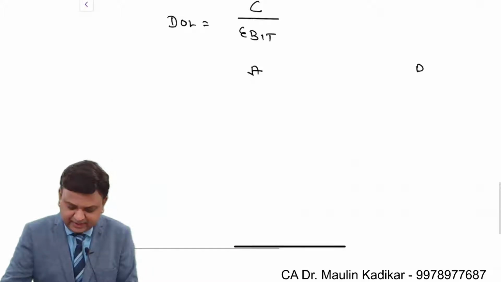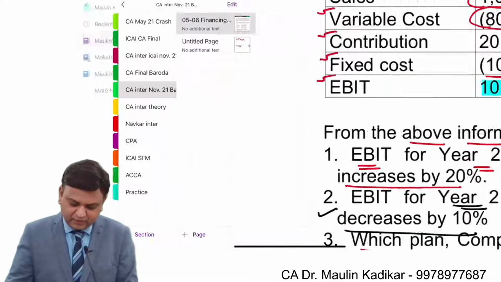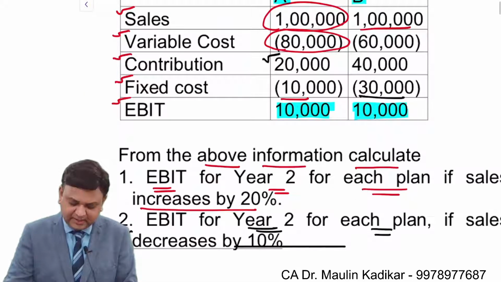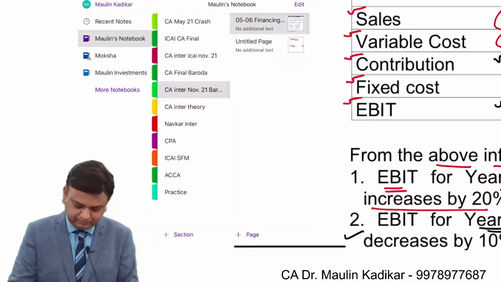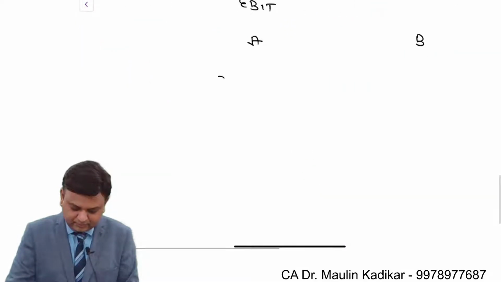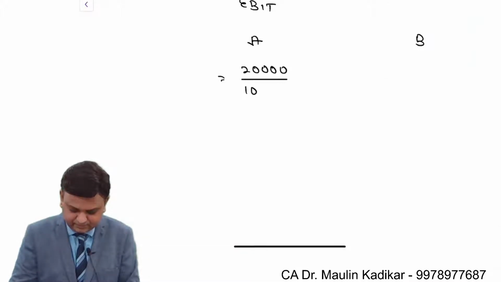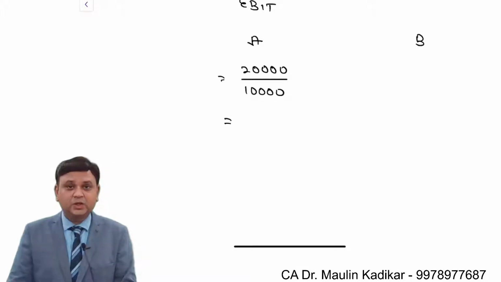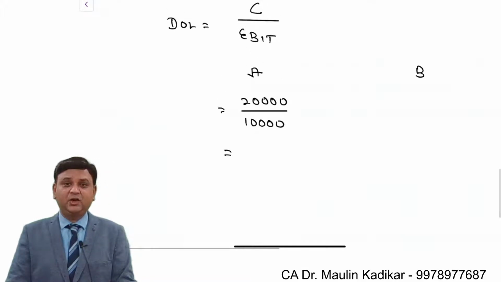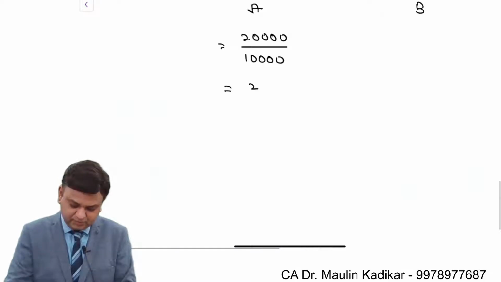Plan A and plan B. For plan A, you can see 20,000 upon 10,000. So for plan A, the degree of operating leverage is 2.